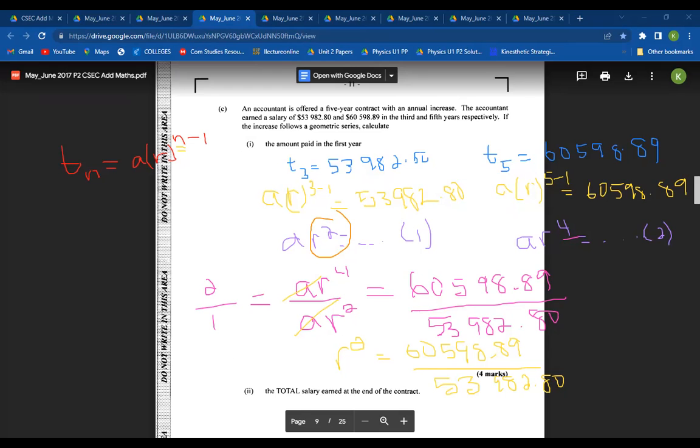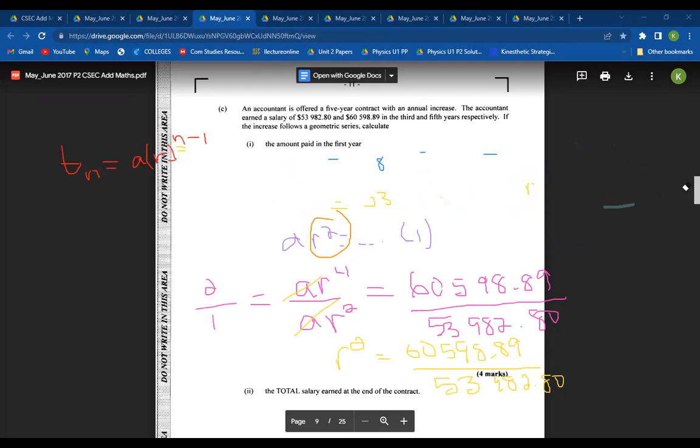Nice. Okay, I need to erase something because the screen is too messy. So A R squared is this whole fraction there. I'm just doing that to save time.